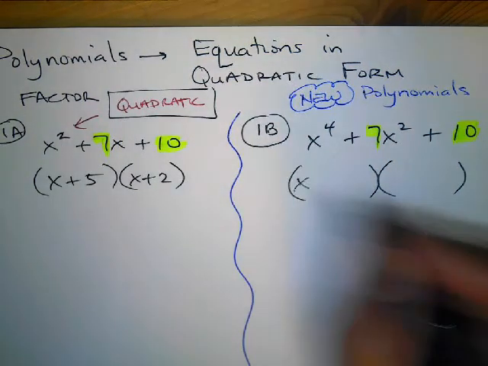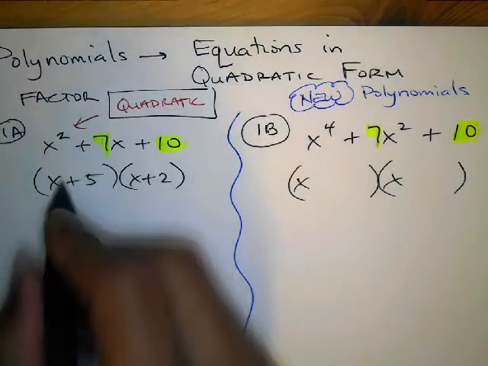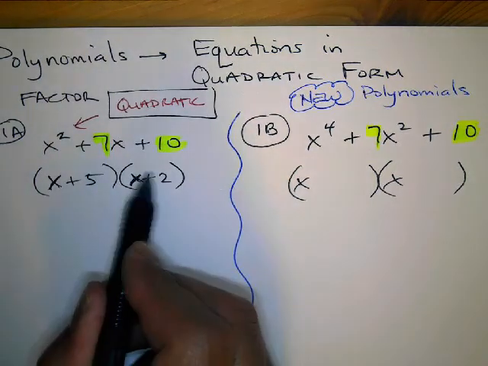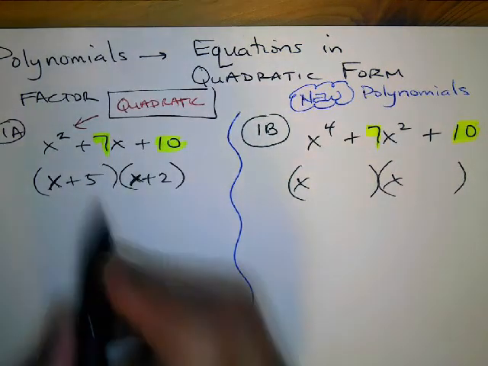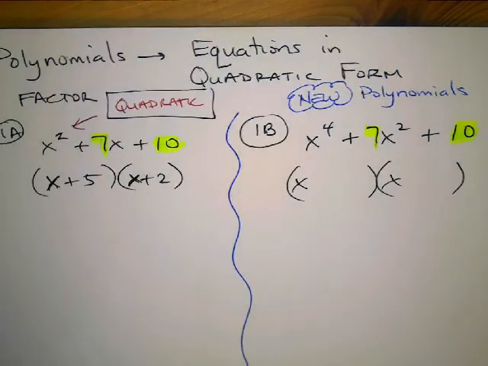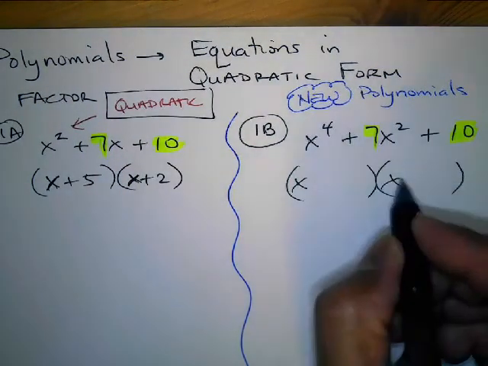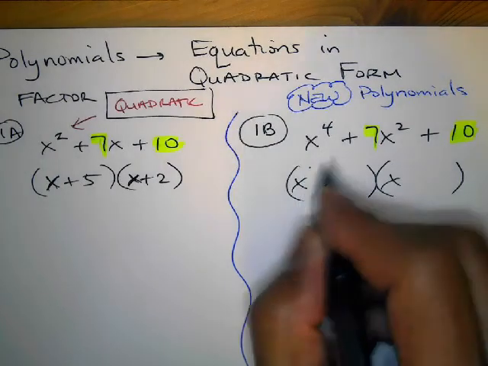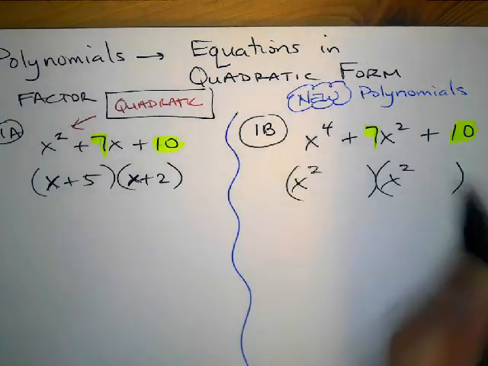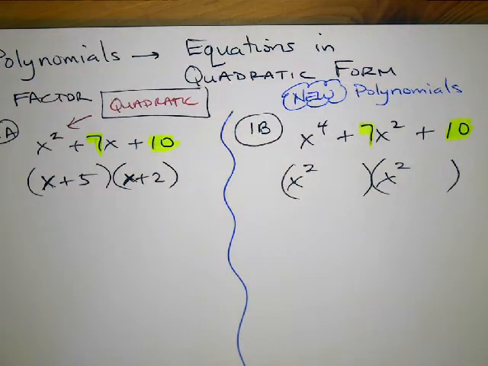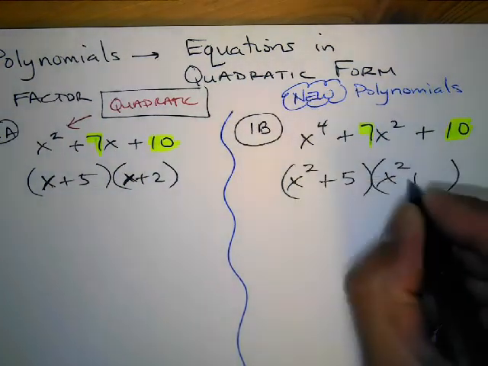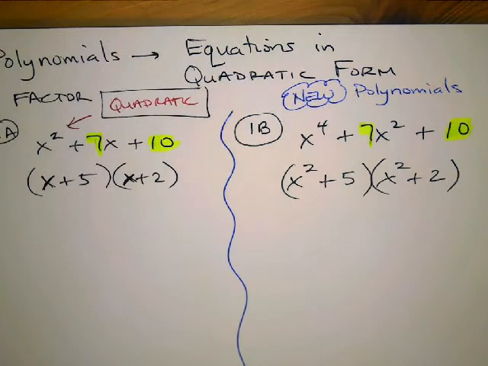So to get x squared, it's x times x, right? You don't put x squared here and you don't put x squared here, right? x times x is x squared. Well, what do I have to put here? Here's where you are going to put x. You can't put x and x. This is where you're going to put x squared. But the plus 5 and the plus 2 stay the same.